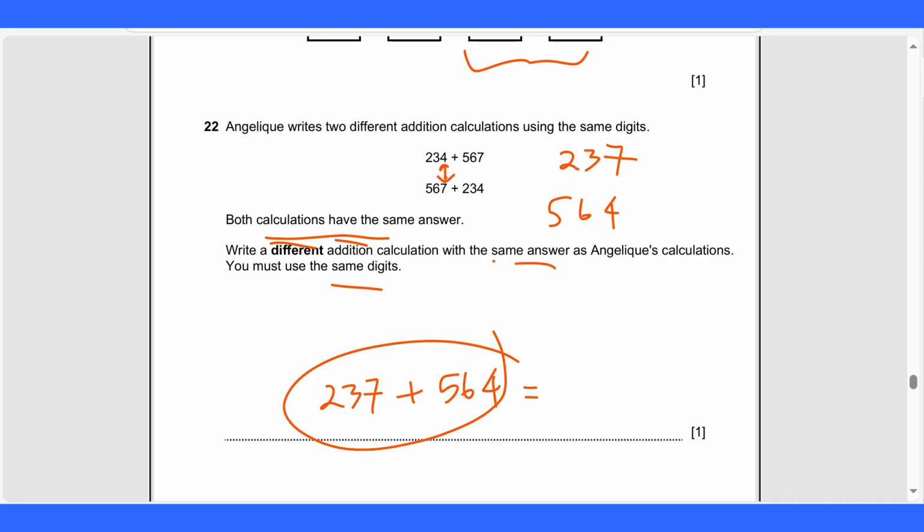If we want to cross check, it's 801. This one will also add up to 801.